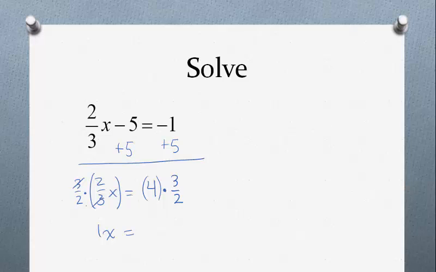On the left side, all of the coefficients turn into 1s, so I get 1x. And on the right side, 4/1 times 3/2 is 6. So my solution is x equals 6. So that's the first type of fraction that you will encounter in linear equations.